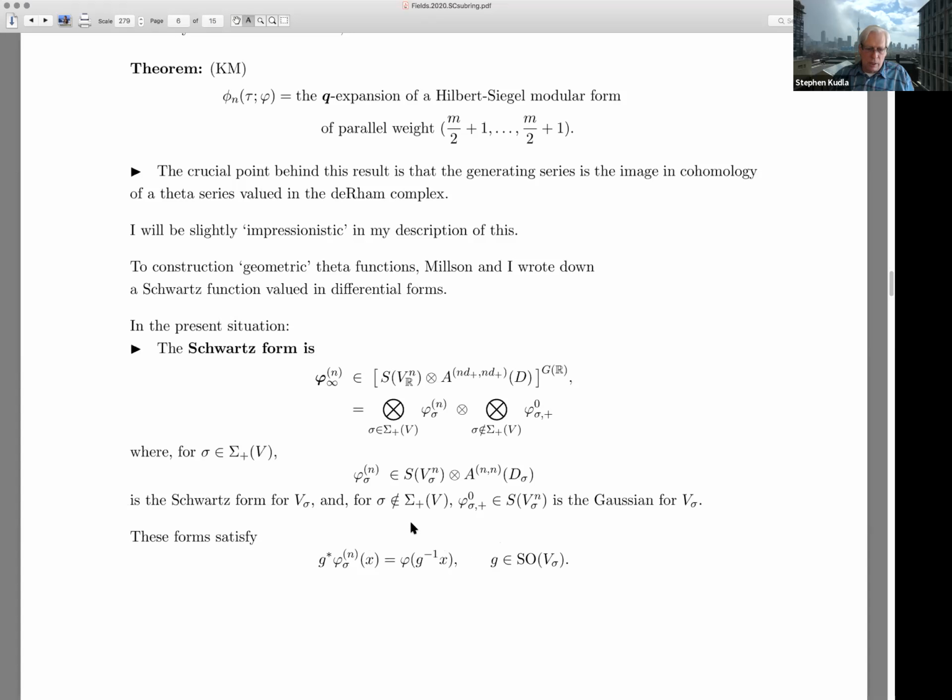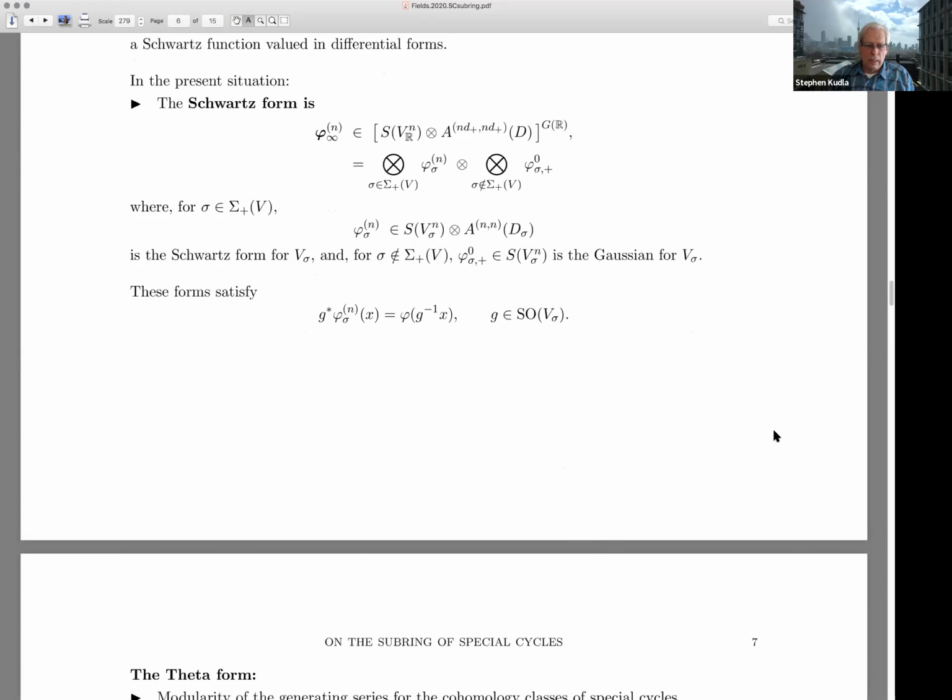Anyway, I can take the tensor product of these over all these non-compact places. And here I take the Siegel-Gaussian at all compact places. And all of these functions are eigenfunctions of weight m/2 plus 1 for the unitary group, both this and this.